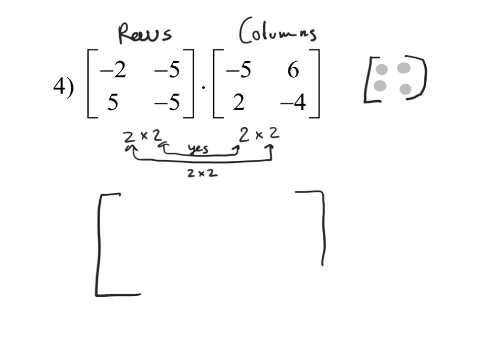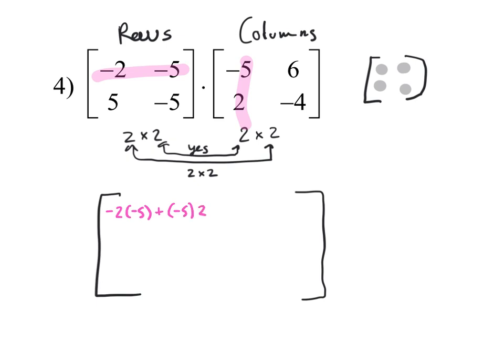So let's start with our first row, first column. What do we do first? -2 times -5 plus negative 5 times 2.